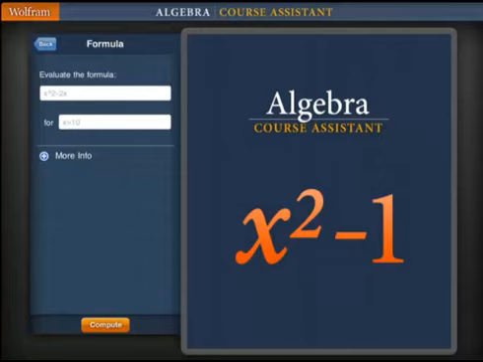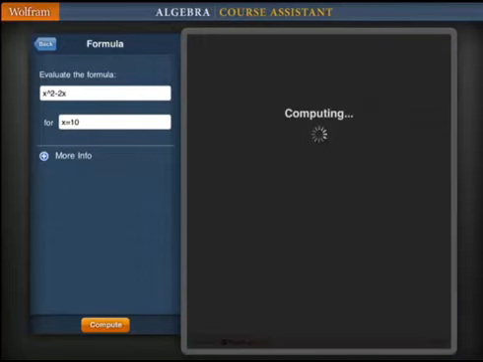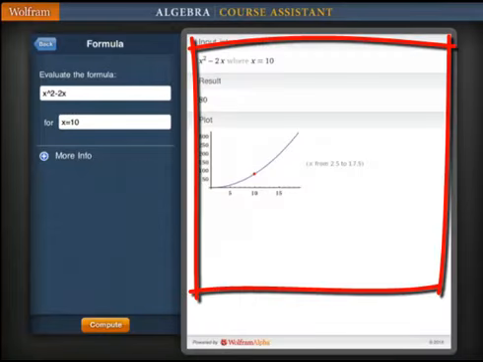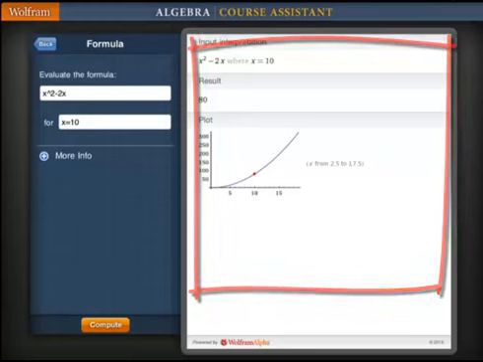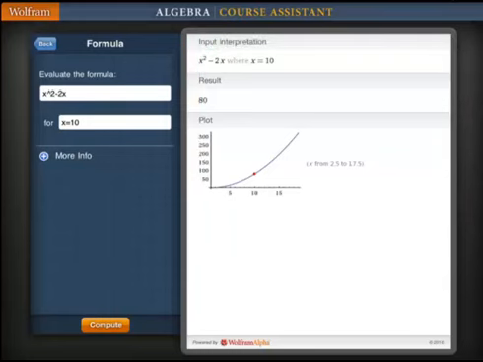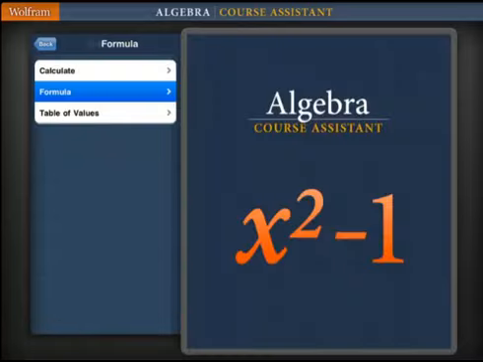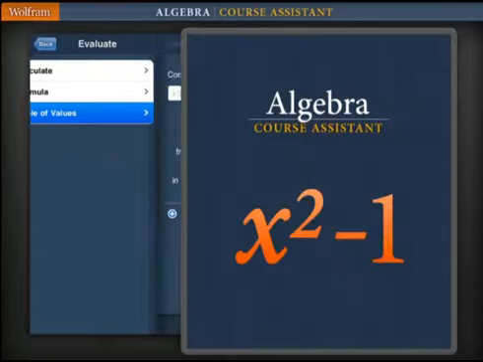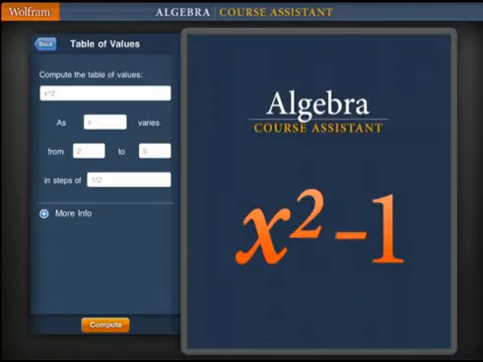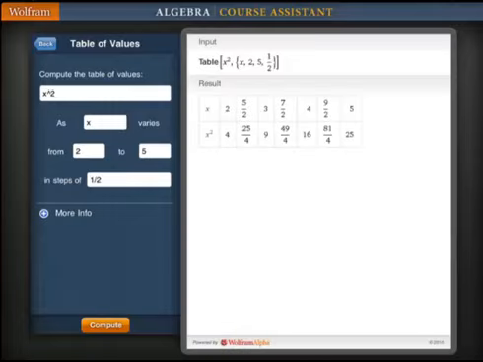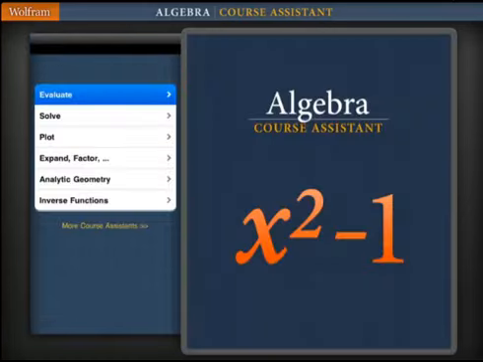Same thing for formulas. We'll take you through what a formula would look like, and you can see that the formula is then plotted, so you can see what that would look like as a plot on two axes. In this particular case, we're going to go through the computation of values in a table. You can see how that is expressed in this application as well.